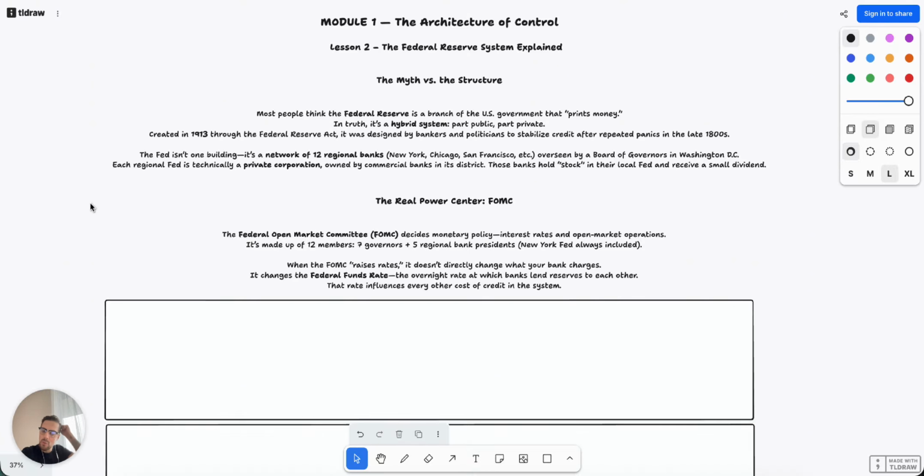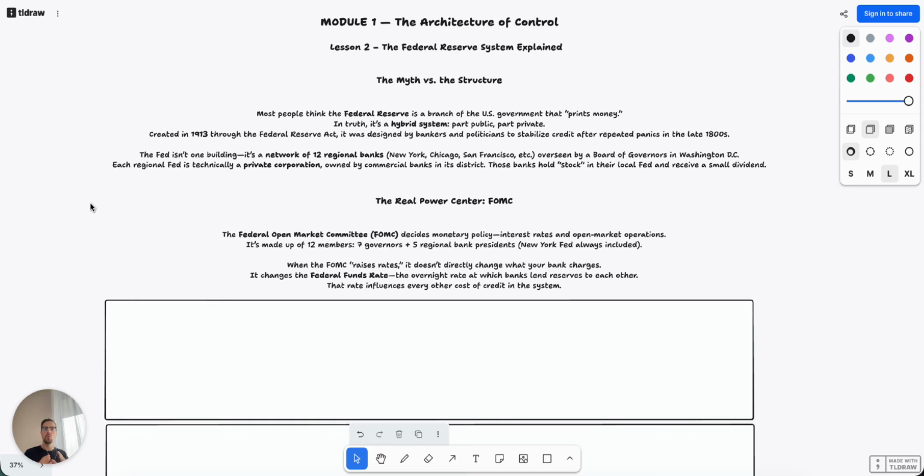When the FOMC, for example, raises rates, it doesn't directly change what your bank charges, right? It changes the federal funds rate, meaning the overnight rate at which banks lend reserves to each other. That rate influences every other cost of credit in the system.